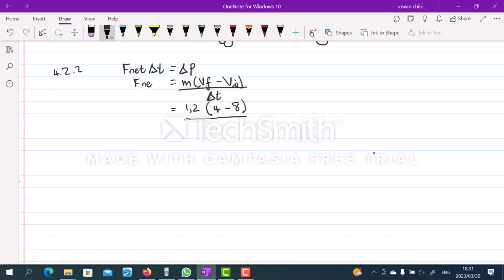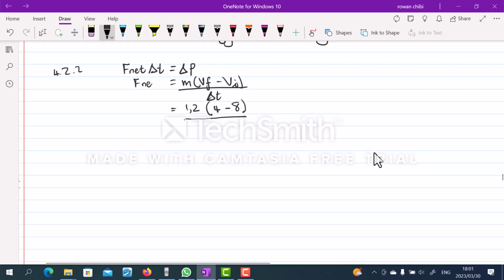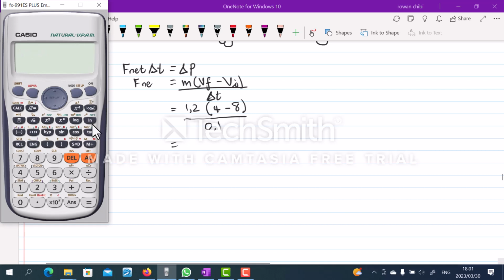And the time during the collision is 20,2 minus 20,1, which is 0,1. So that is the change in time, 0,1. Then take the calculator, then we said 1.2 multiplied by 4 minus 8. The answer is that you divide that by 0,1.